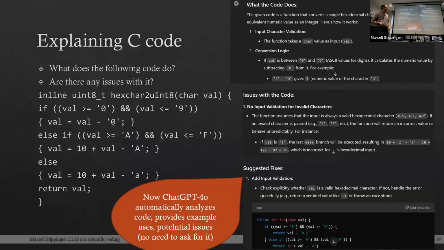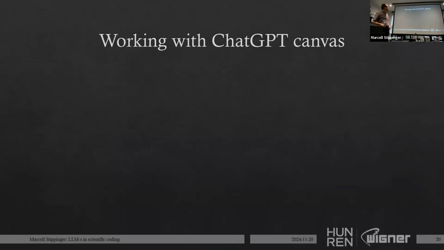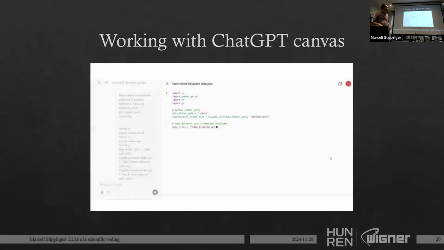So I think that's about working with ChatGPT, and I will move to the next example. It's still a screenshot for working with ChatGPT Canvas, where you can have the document or the end product on the right part, and on the left you can give instructions or highlight some lines and work on those.